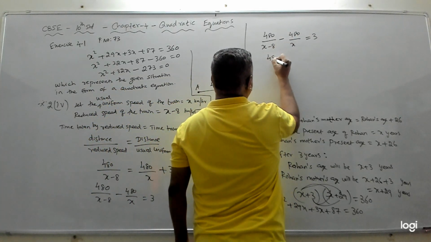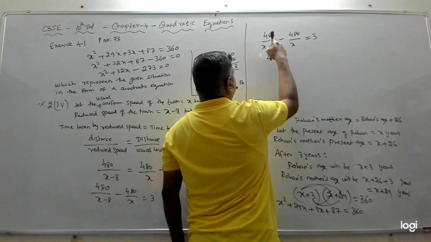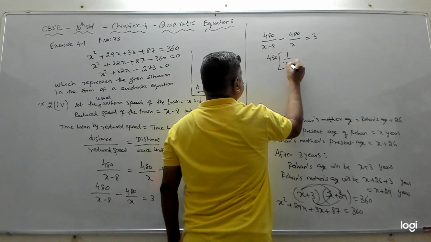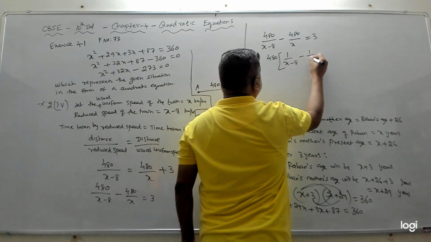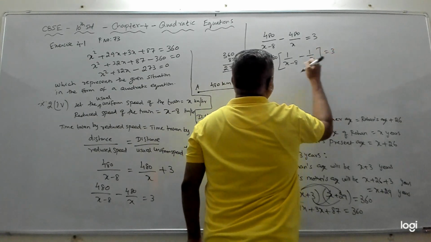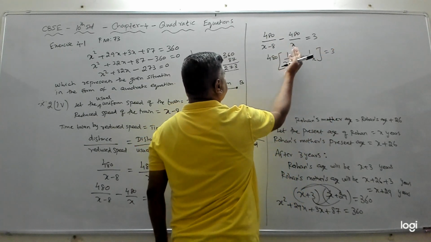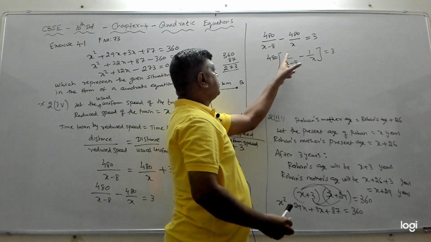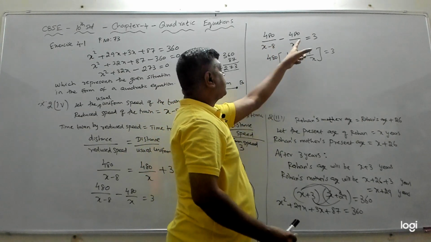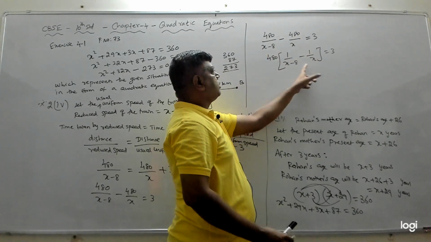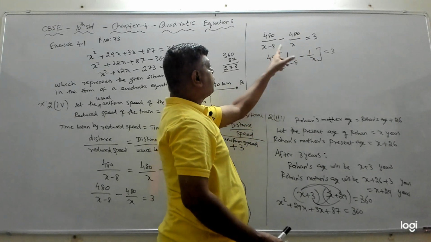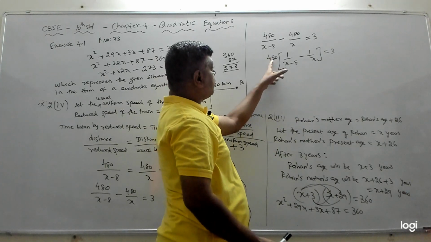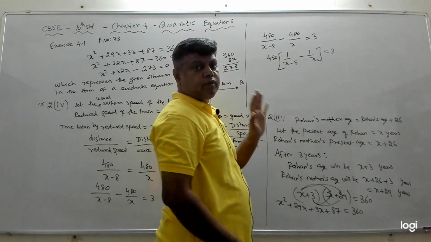If I take 480 common, this will become 1 by x minus 8 minus 1 by x equal to 3. Because 480 is present in both the terms, I am taking that common. If 480 is taken out, then this 480 will become 1, and this will be x minus 8. Again 480 is taken out, it will become 1. If you multiply 480 into 1, you will get 480 by x minus 8. Again 480 into this one will give you 480 by x.